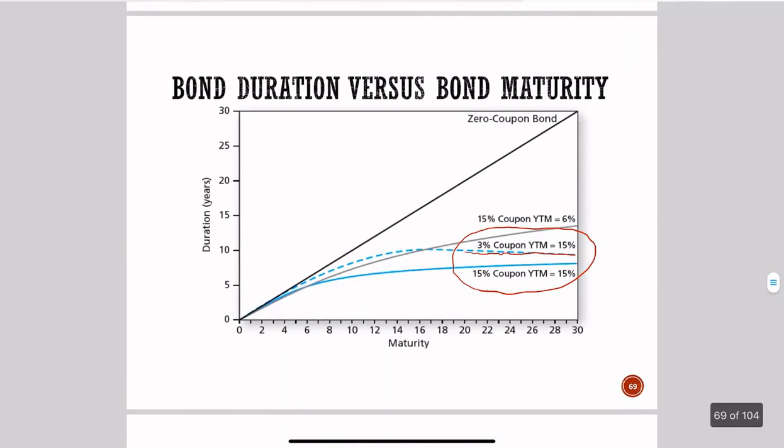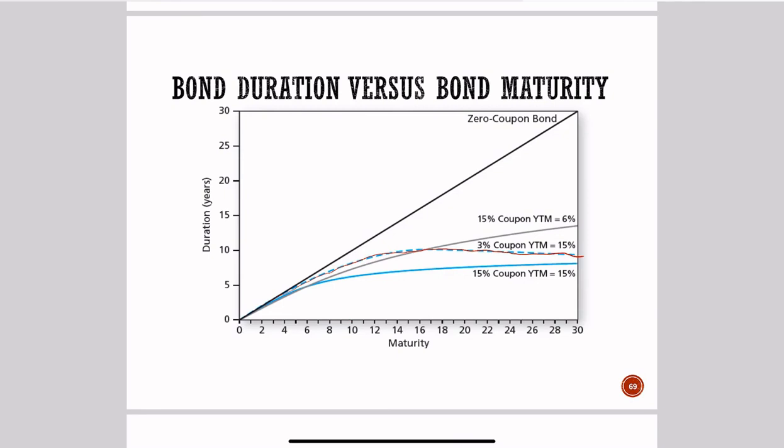So how do you see this from this picture? Here, you could basically look at this guy, the dashed line. If you look at the other coupon bonds, you can see that duration increases as their maturity increases, right?